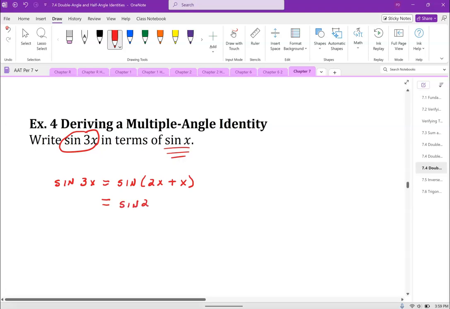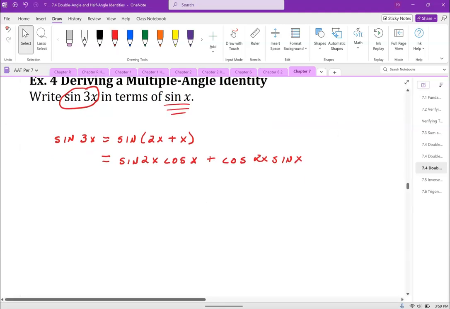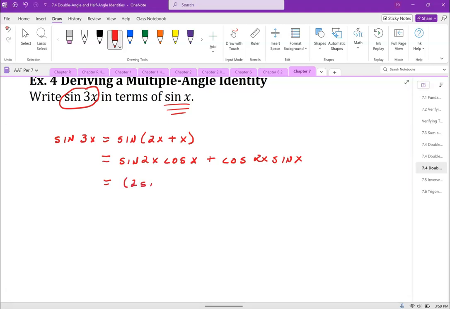So sine of the first angle times the cosine of the second angle plus the cosine of the first angle times the sine of the second angle, which is super convenient because sine of 2x is a double angle, so I can substitute in 2 sine x cosine x. I still have that cosine x there, plus this is another double angle.